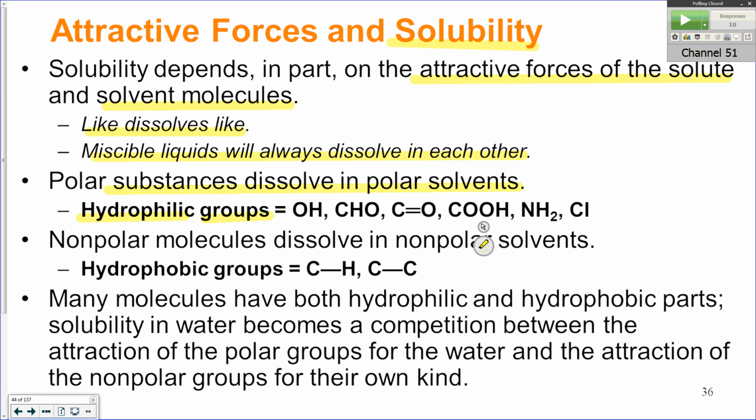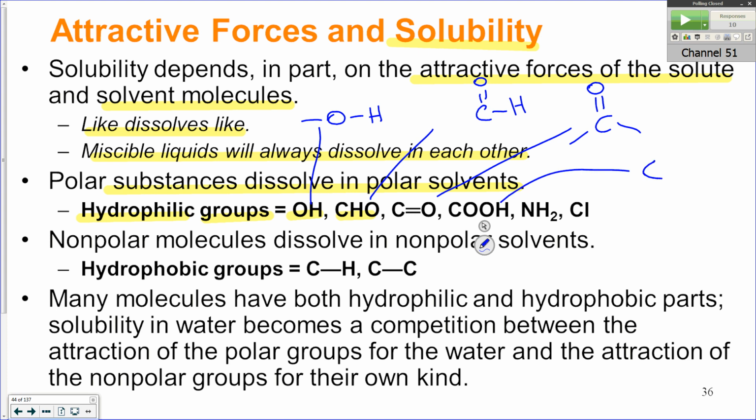We look for particular functional groups on a molecule: an OH, a CHO, which is a C double bond OH, a carbonyl, which is a C double bond O, a carboxylic acid, and then an NH2 group or chlorine.